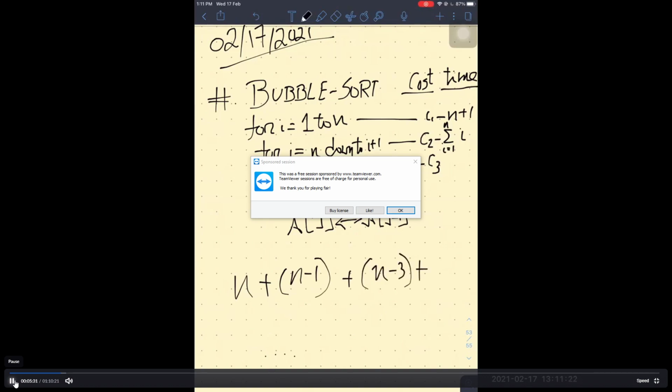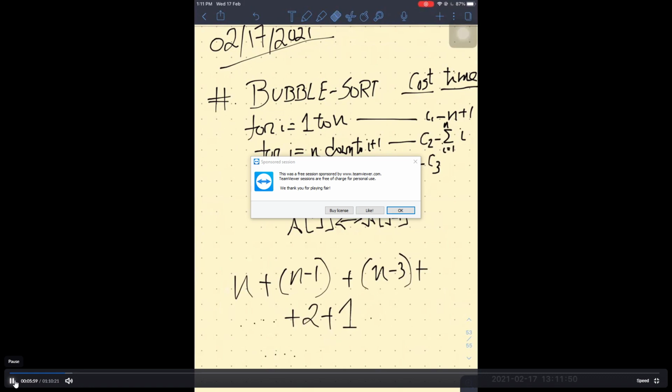In this way, for the last iteration, when i is n minus 1, it will run 1 time, and when i is n, it will not run. So that's why we get this series as the number of times this inner for loop will run.